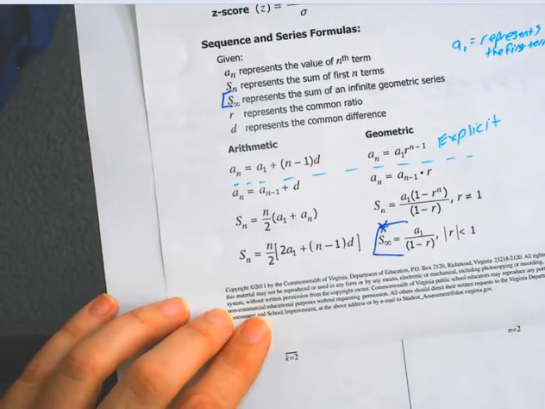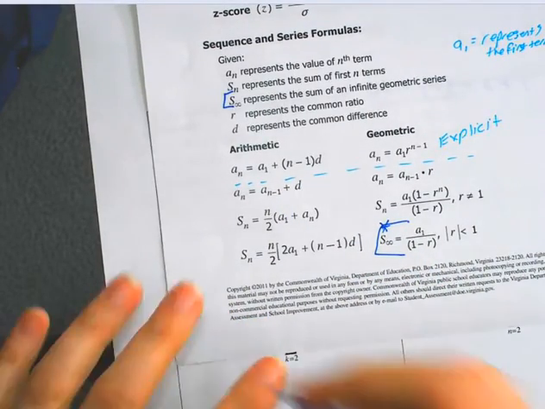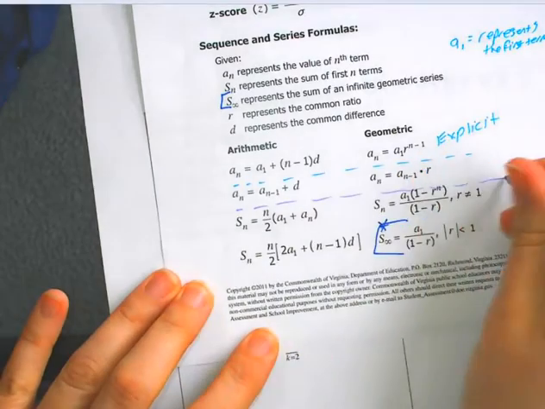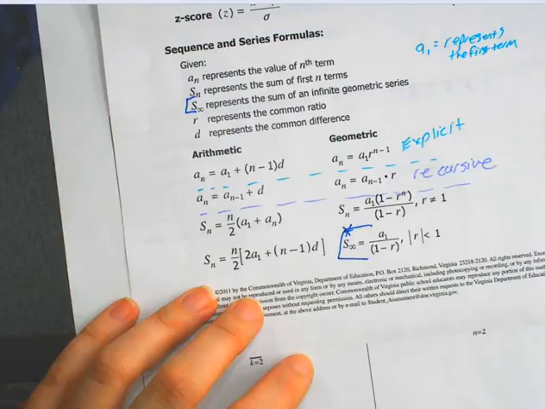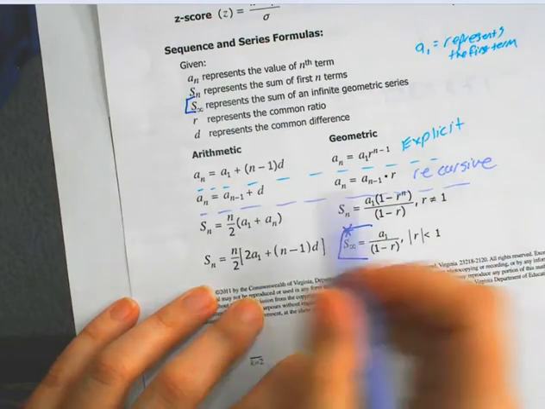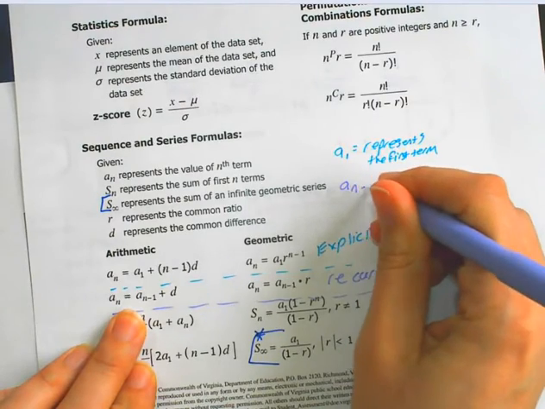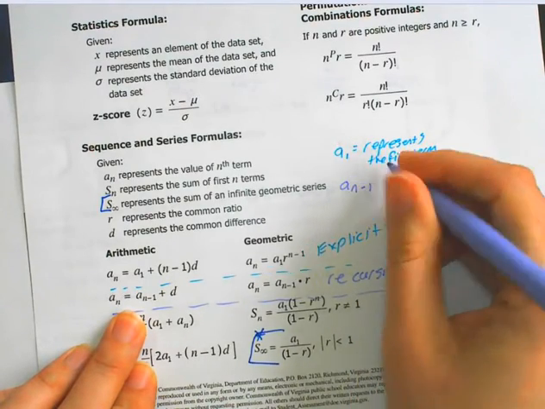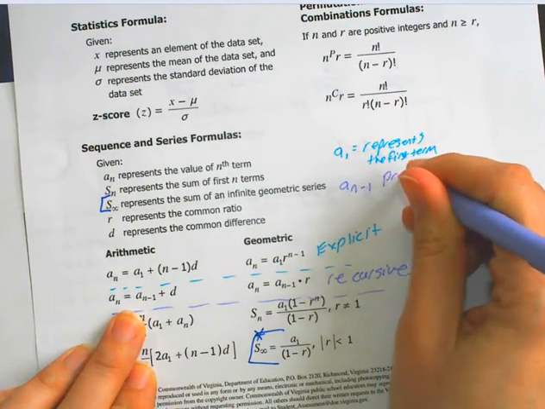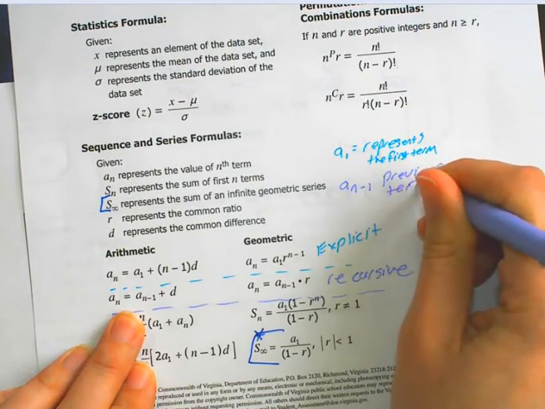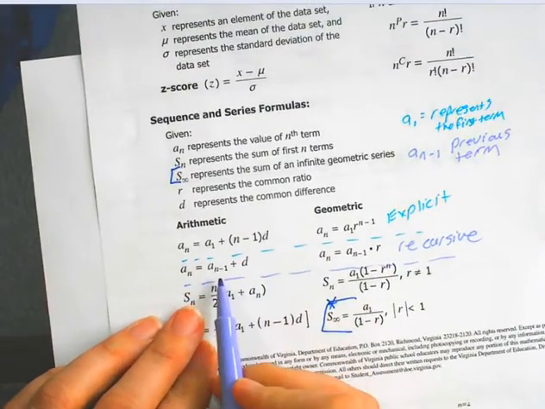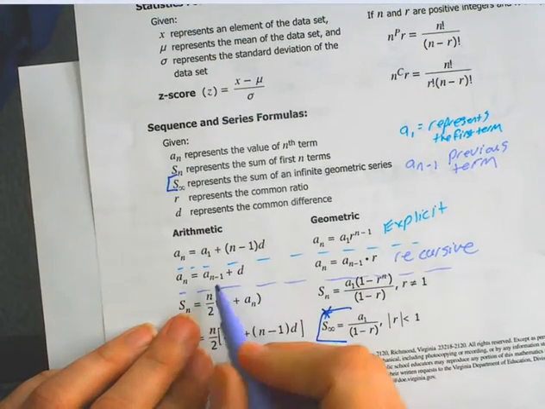Okay? And then the next ones are recursive formulas. So for recursive, this A sub n minus 1, I'm going to write that up here, A sub n minus 1. What that means is the previous term. So this depends on whatever the previous term is.